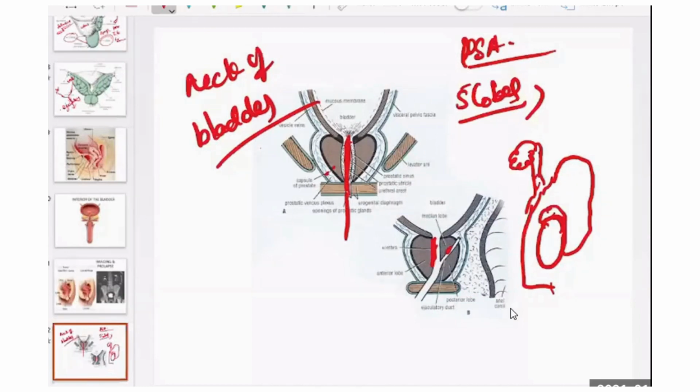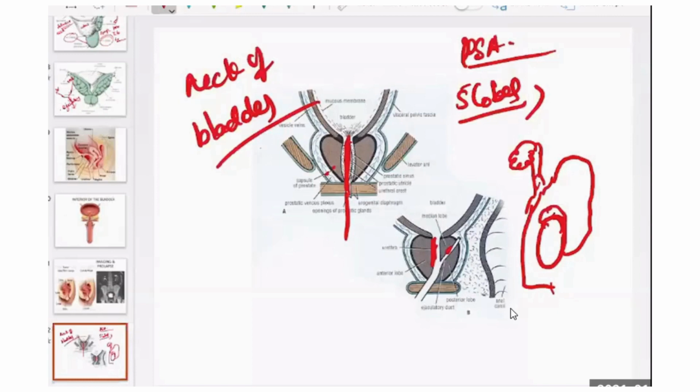We leave back the capsule. We don't take the gland along with the capsule. That procedure is called enucleation. We don't do an ectomy, we call it enucleation of the prostate, so as to preserve the prostatic venous plexus, which is present between the true capsule and false capsule. That is very important. When you do thyroidectomy, we remove along with the gland.